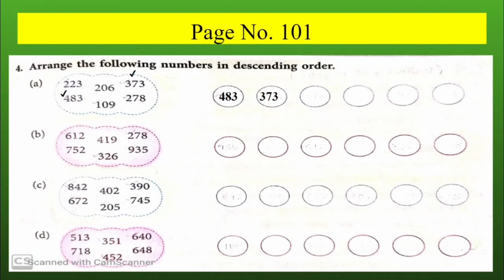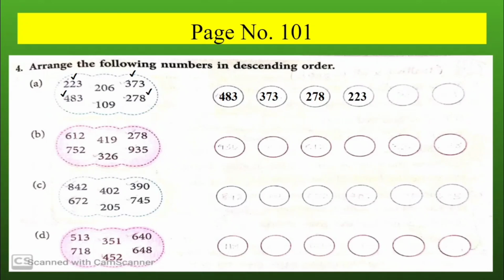Now which among the 4 numbers is the greatest number? Yes, 278. So we will write 278 after 373. Now we are left with 3 numbers. So which among the 3 is the greatest number? Yes, 223. So we will write 223 after 278.